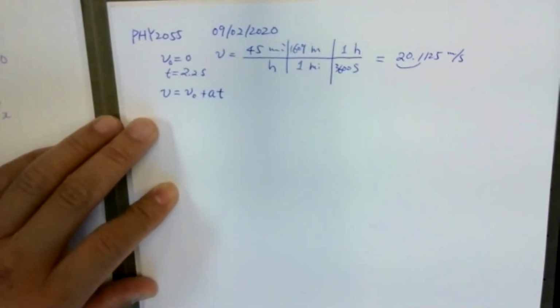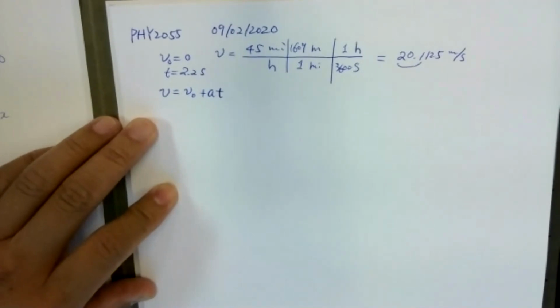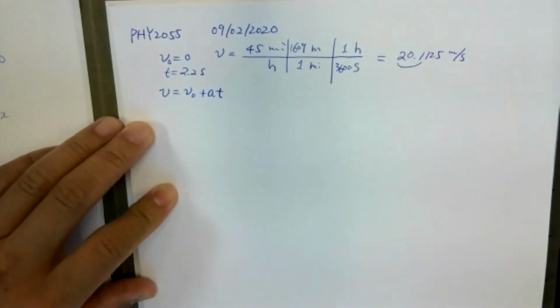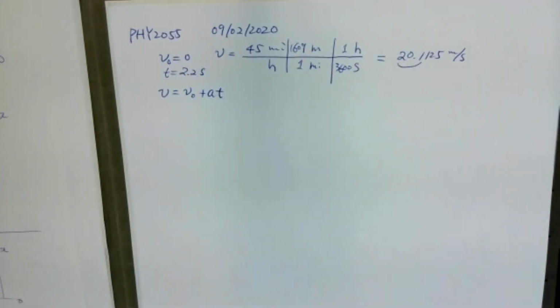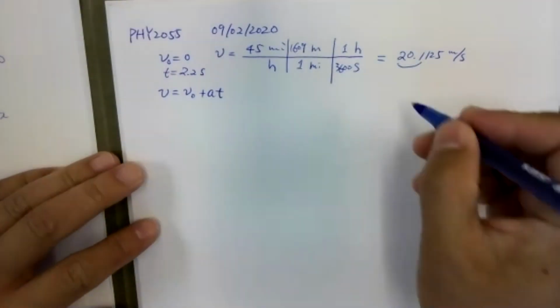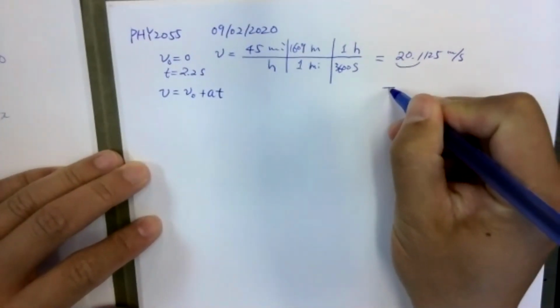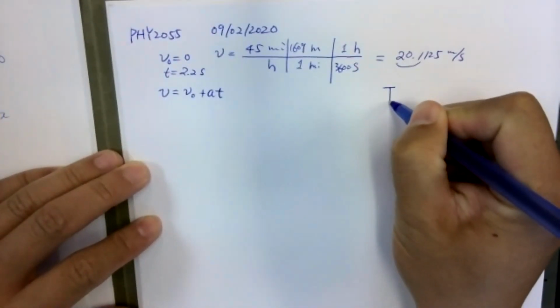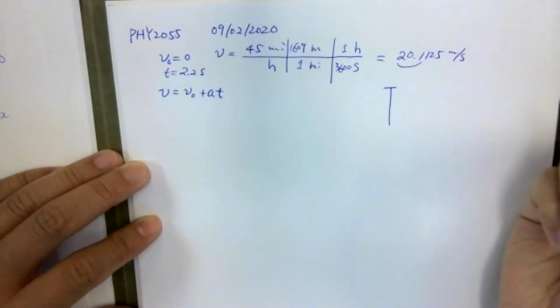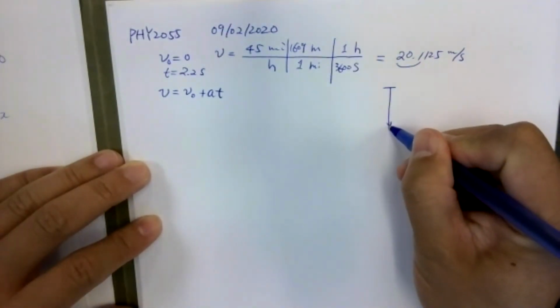Now, one thing we haven't done here is to pick a coordinate system. This is one-dimensional motion, and the passengers are going downwards in the vertical direction. So you can take the vertical direction to be your X. It doesn't matter, you can say Y if you want. I'm going to say this is my X direction. Because the motion is going downward, I can say downward to be positive.